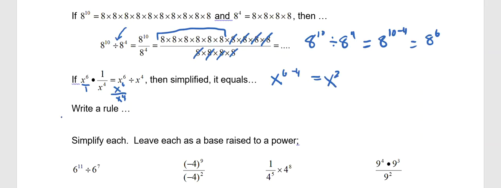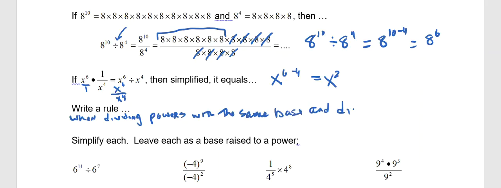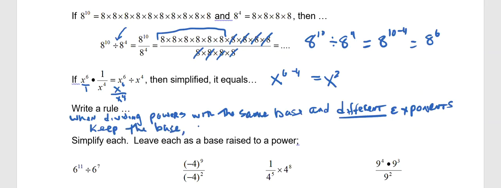So a rule we can quickly write is when dividing powers with the same base and different exponents, that's the key here, we're obviously going to keep the base, and we're going to subtract the exponents.